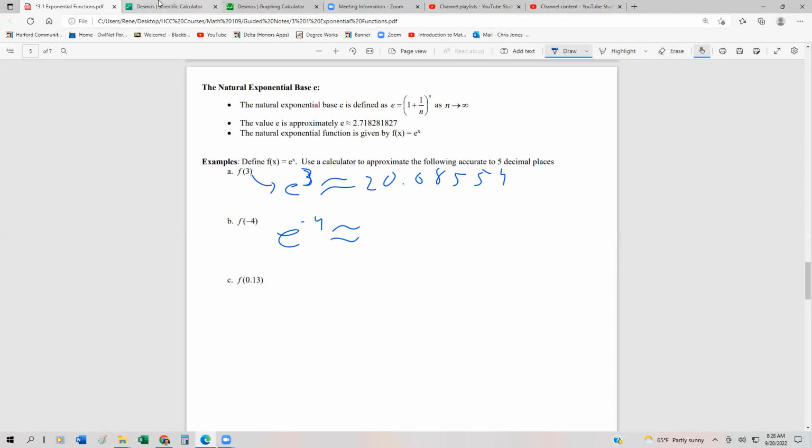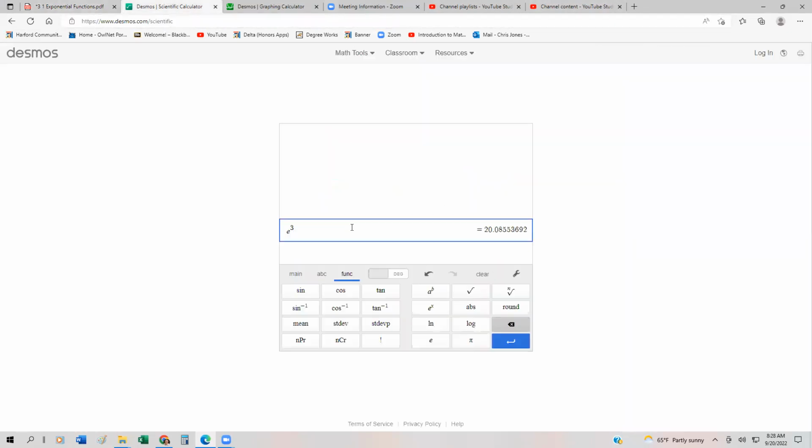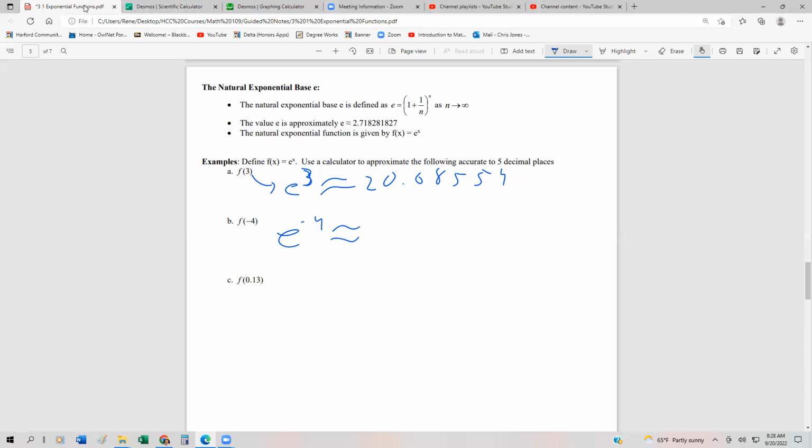Let's go into our calculator and change this to a -4. It's 0.01832.